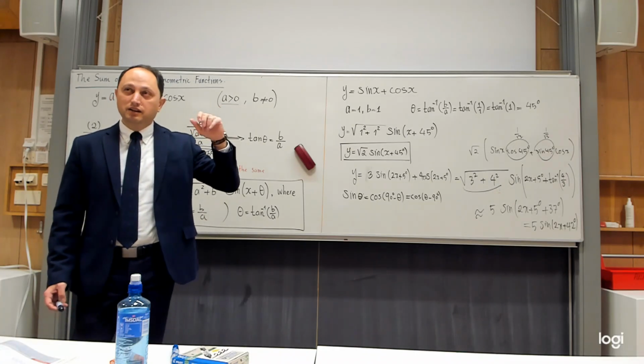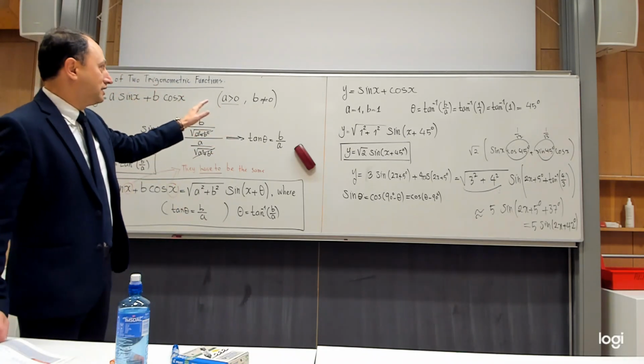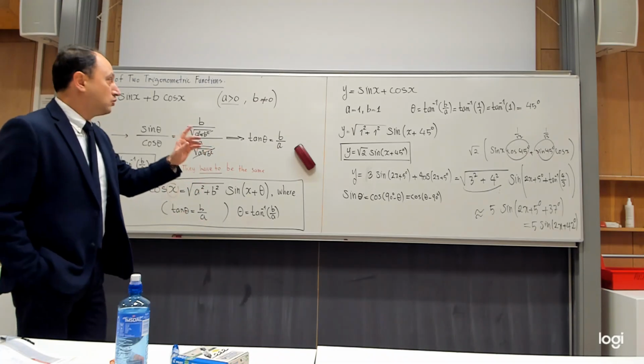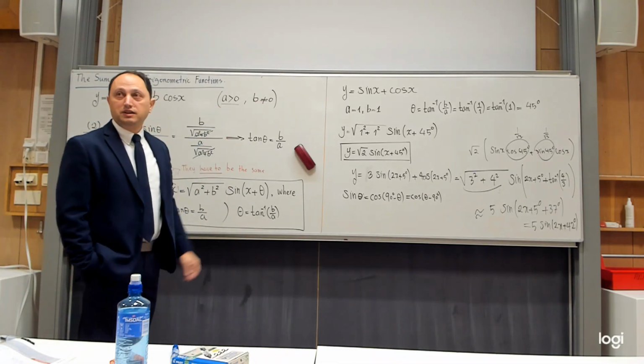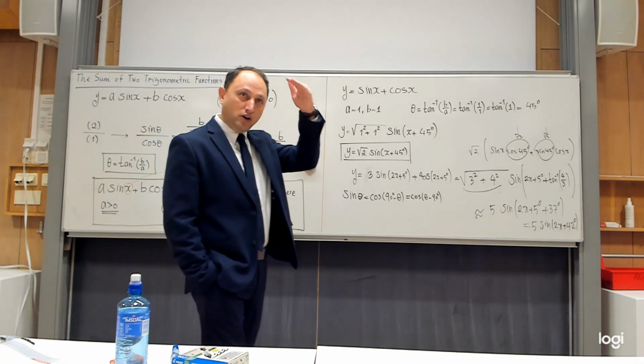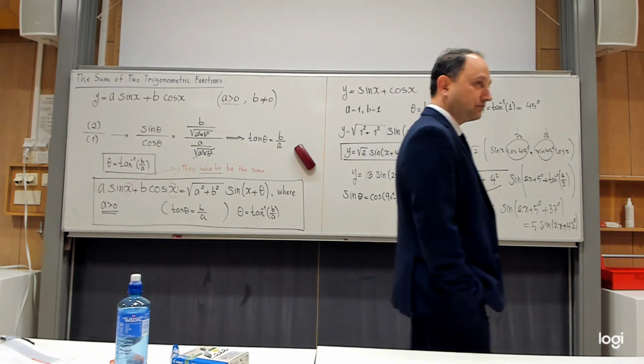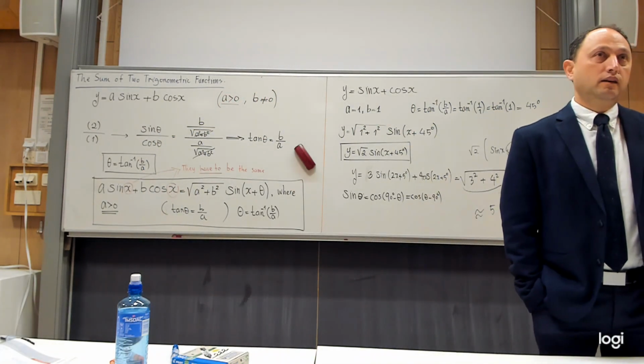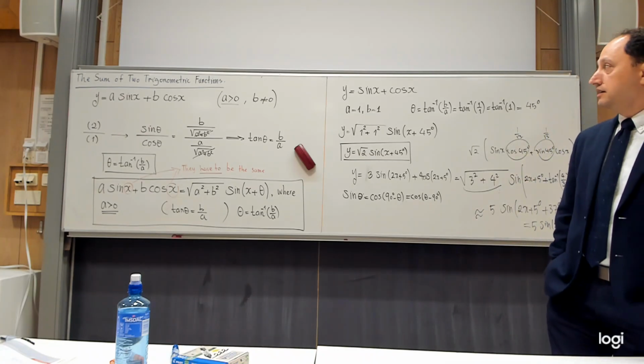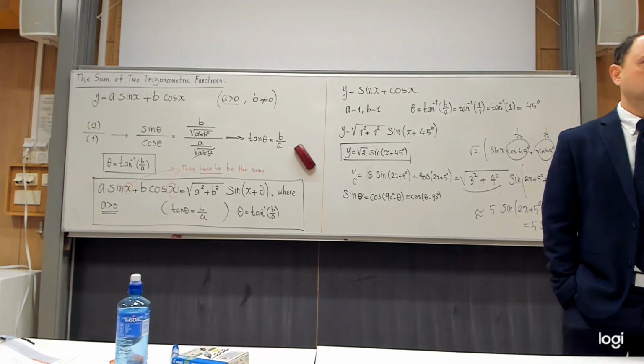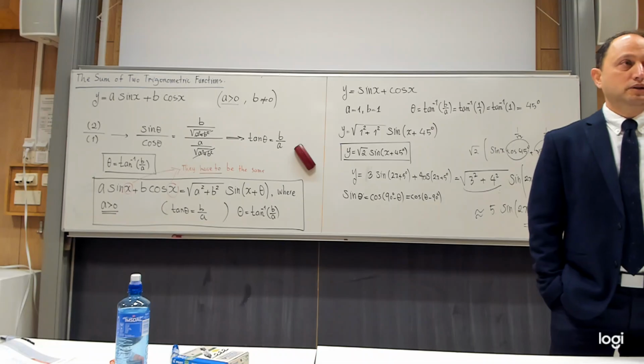Do you know where? I don't know if I erased everything. But do you know where it was important to assume that A is positive in my argument? This will affect if I change A to negative. Yes, Ruben?